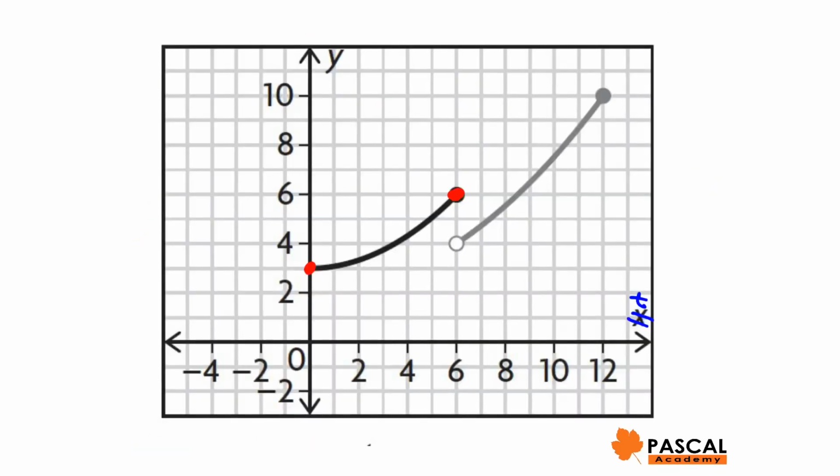We could find the left and right side limits using the graph. The left side limit is 6 and the right side limit is 4. Determine how many fish were killed by the spill. The population a little bit less than 6 was 6,000, and a little bit after 6 is 4,000.